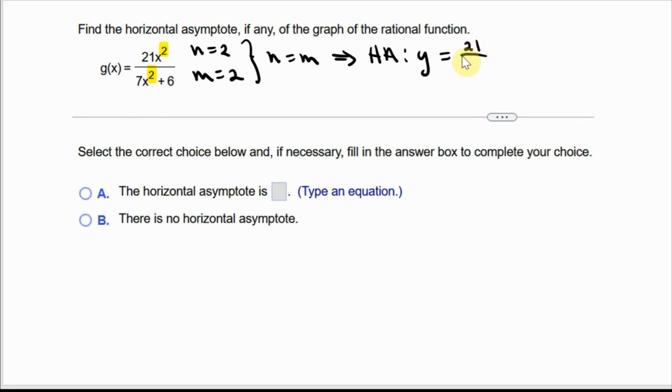That's 21 divided by 7. So here we get y equal to 3. So you need to put in there y equal to 3. Okay, so 21 is the leading coefficient that we'll call a sub n there, and then 7 is the leading coefficient downstairs, which we call b sub m.